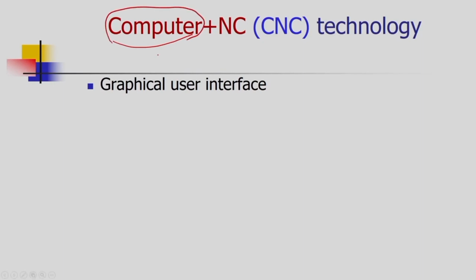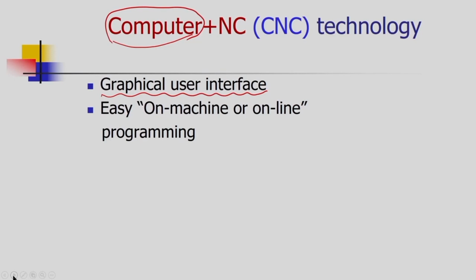The computers are helping us to have a graphical user interface, and now we can write the program in an offline mode. You can write the program on computers. On the computer console screen, you can easily change and edit the program.